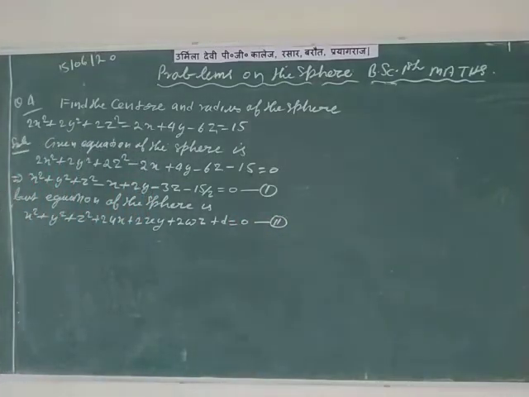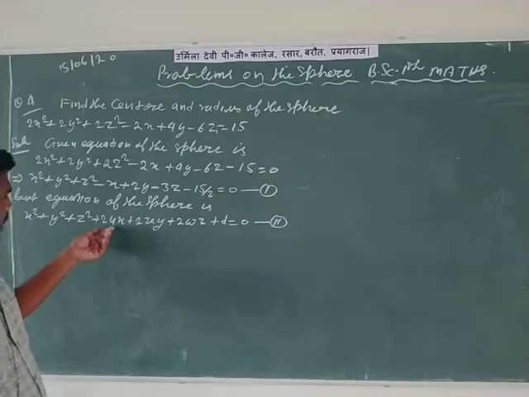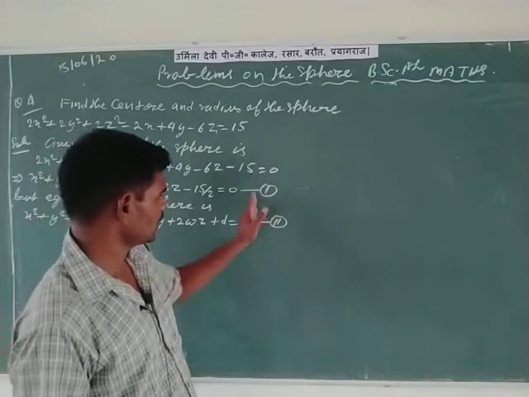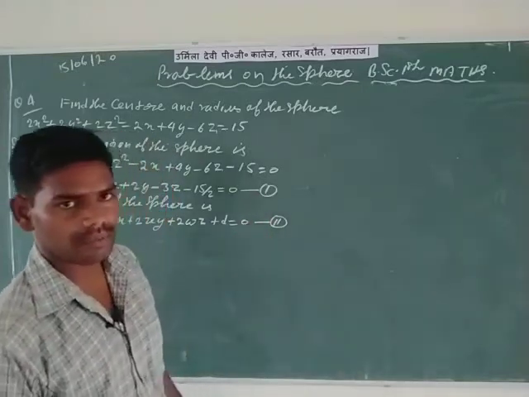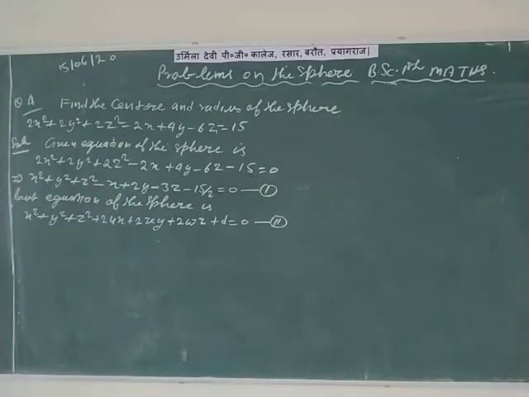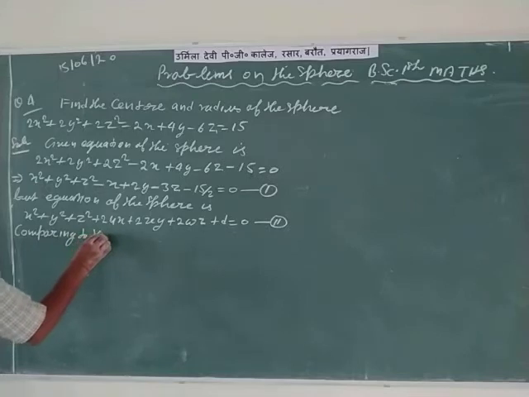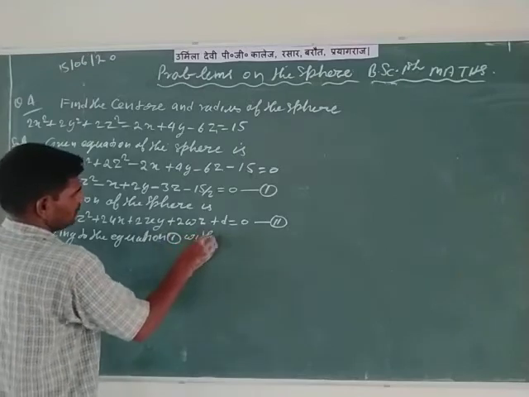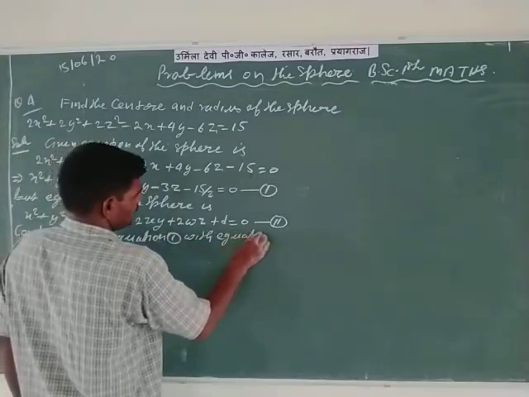So the second equation is the sphere equation in the standard form, where u, v, w and d are constants. Equation first and equation second are taken for comparison, and according to the question, find the radius and the center of the given sphere, meaning equation first. For this, comparing equation first with equation second.